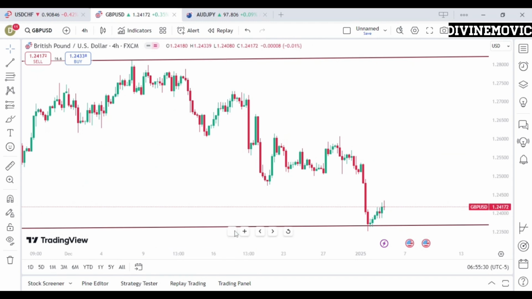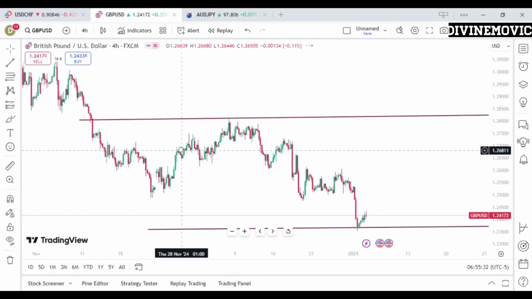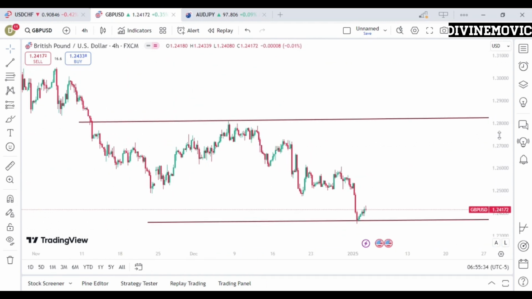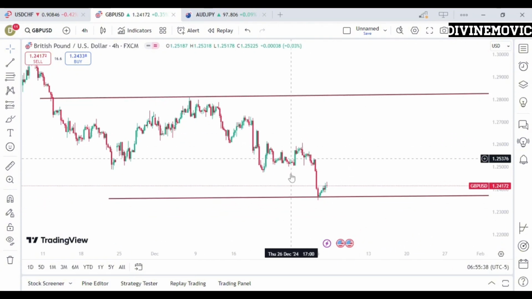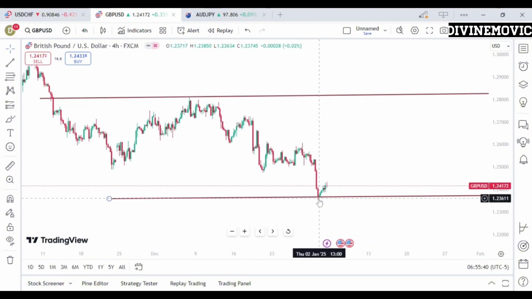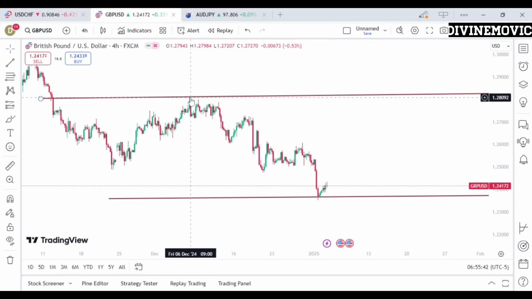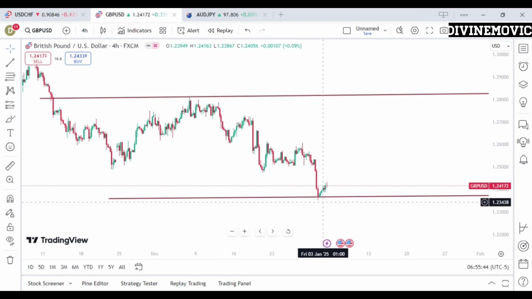Now on the 4 hours time frame, we are only paying attention to these key levels and how price behaved at the key levels. For example, this is the recent resistance key level and this is the recent support key level. Our interest now is to simply understand how price moved from here to the current place where price is.